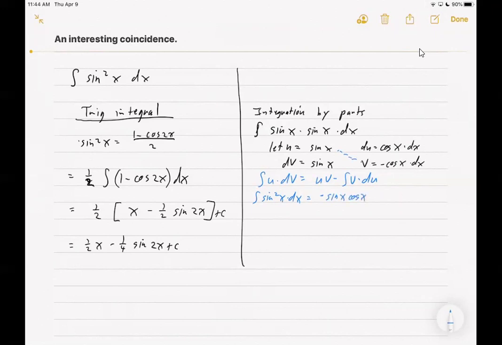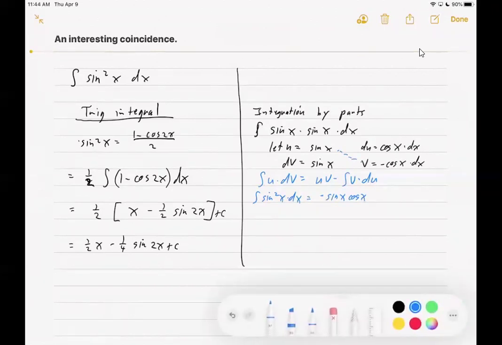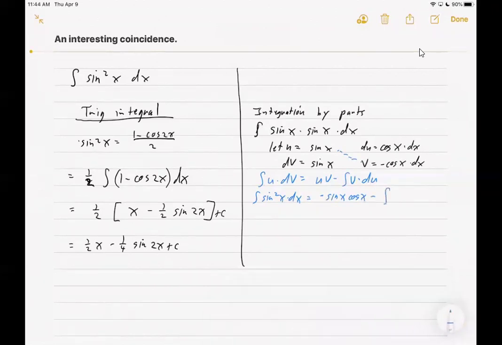All right, so we'll have that in there. And then we'd have minus the integral of v du. So let's get that right. So we had the zig for the uv minus the integral of the zag. Oh, and there's a negative in there, so that becomes plus the integral of cosine squared of x dx.